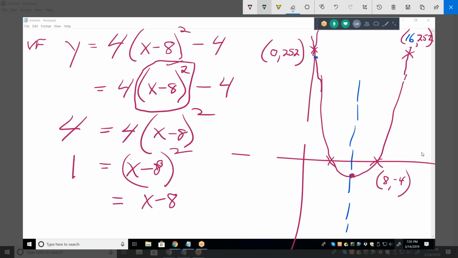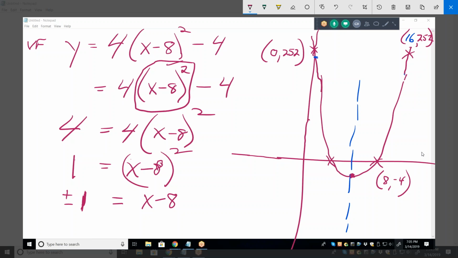What's the square root of the left side? Started out as 1. The left side would be 1? It's plus or minus 1.